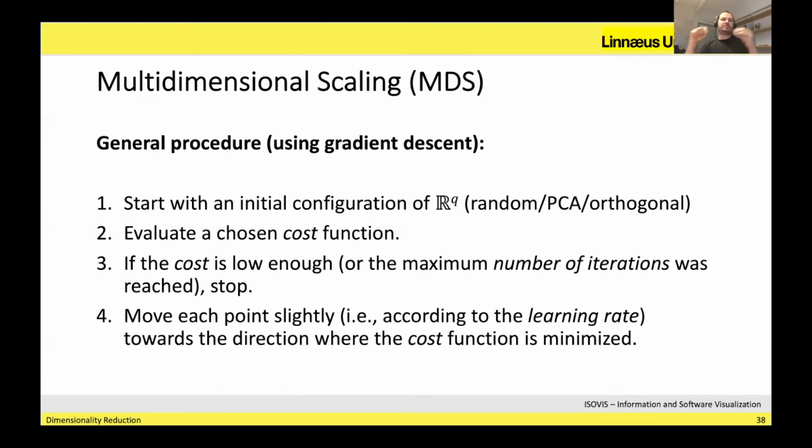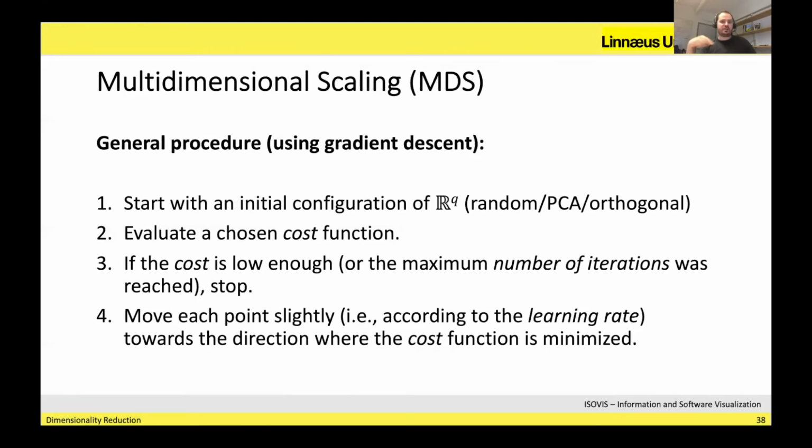So every point needs to move towards its optimal position, right? So if you haven't reached the point where you want to stop, you have to move the points a little bit, slightly according to the learning rate. Each of these points has a direction to move towards where you get the highest cost reduction.